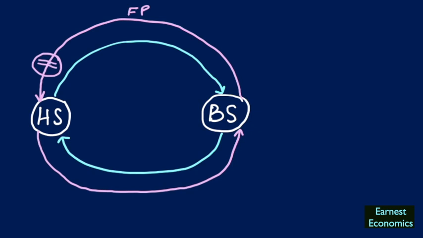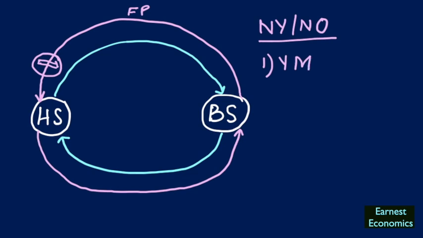So if we measure this very factor payment, we are measuring national income, or we can also call it national output. So we are measuring national income, and this very method is called the income method. Y is written for income in macroeconomics.